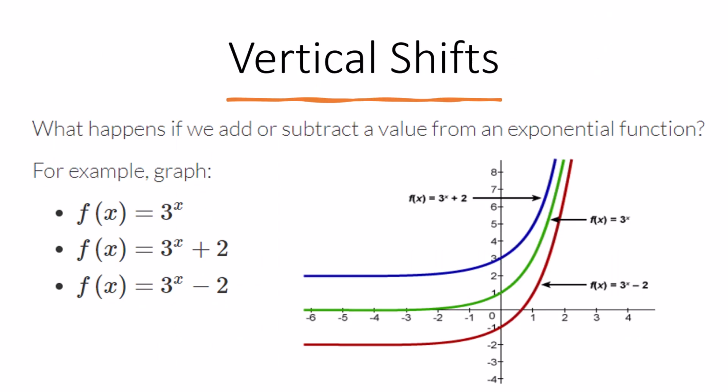So let's just go through this quickly. Vertical shifts, you saw that when we start off with an exponential function and we add to it, we're going to go up that many units. When we subtract, we're going to shift down that many units.